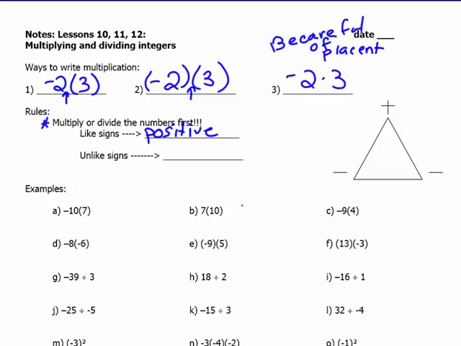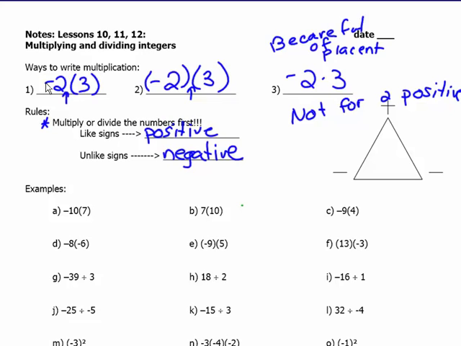If they are unlike or different, your answer is always going to be negative. We also have this triangle that we can use that I'm going to explain how that works in a second. But the triangle does not work for two positives. So if you could again add that in, the triangle doesn't work for that because a positive times a positive is always going to give you positive.